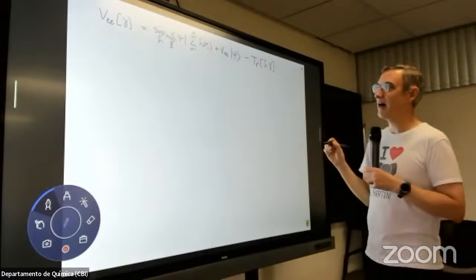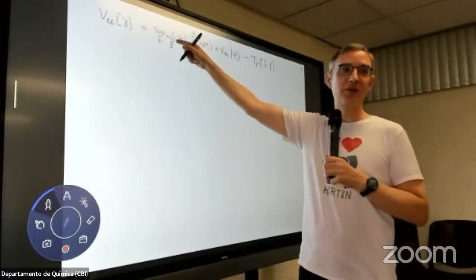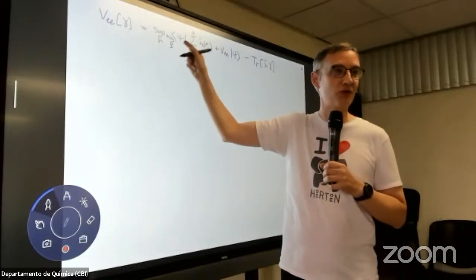Now, I should be a little bit more precise here. It would be much better to write this as a minimum over the density matrices because we don't really know the in-representability constraints otherwise.